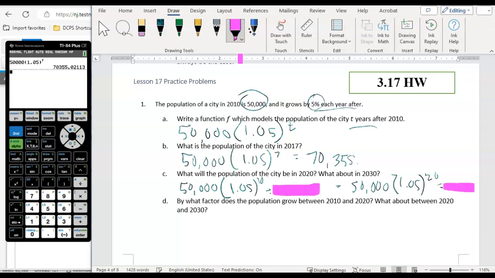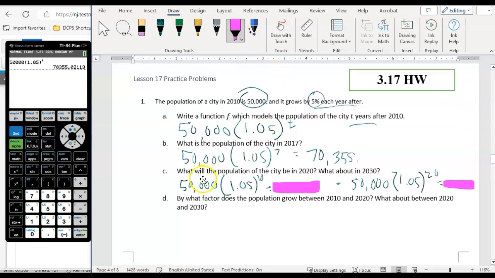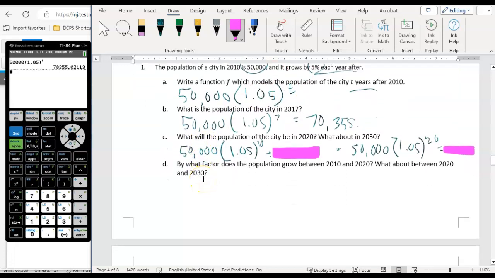So here and here. By what factor does the population grow between 2010 and 2020? And what about 2020 and 2030? So in thinking about how much it is growing between those times, right? What factor does it grow? It's growing by 1.05 to the power of 10 and 1.05 to the power of 20.